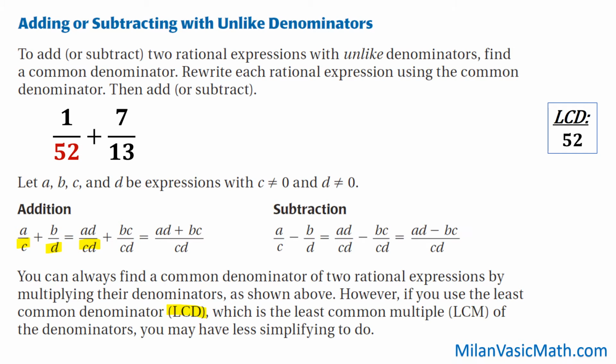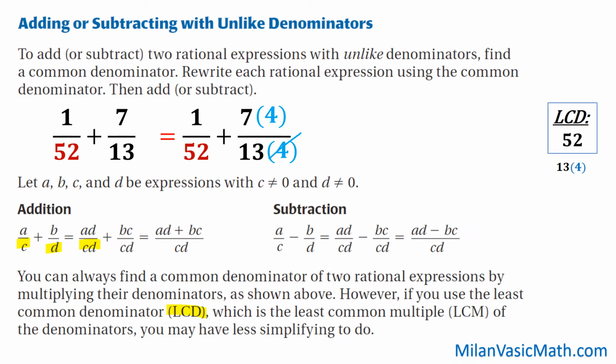And if you play cards, you know that 52 is 4 times 13. So all I need to do is multiply the second fraction by 4 over 4. Now, again, I could cancel this out and I'm back to what I started with, but it's not really going to help us.